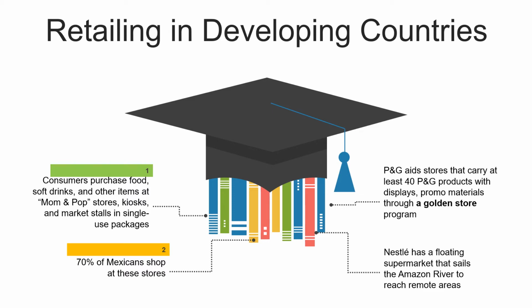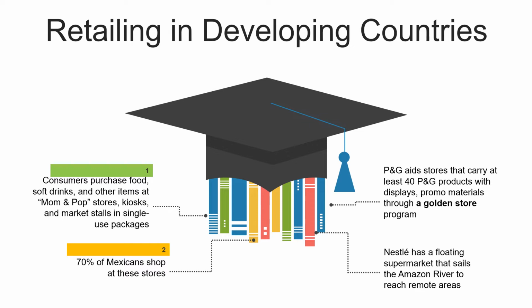Retailing in developing countries. The retail environments in developing countries present similar challenges for companies marketing non-perishable items. In affluent countries, Procter & Gamble, or P&G, Kimberly-Clark, Unilever, Colgate-Palmolive, and other global consumer product companies are accustomed to catering to a customer mentality that prefers to buy in bulk.